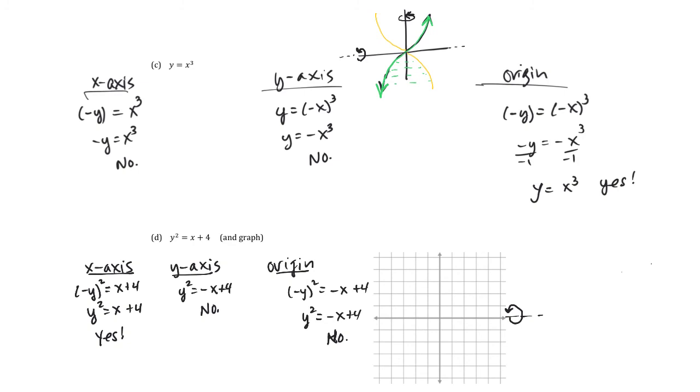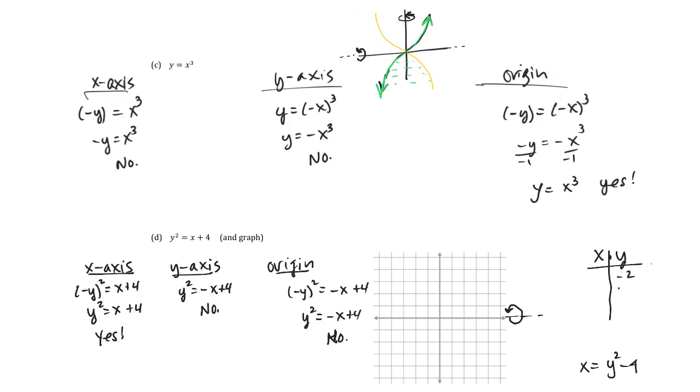Okay, so now to graph this, I'm going to make an x, y table and just plug some numbers in. It's kind of nice to solve for one of those variables, so I'm just going to solve for x, subtract 4 from both sides, so we'd have y squared minus 4, and then just plug some numbers in for y.